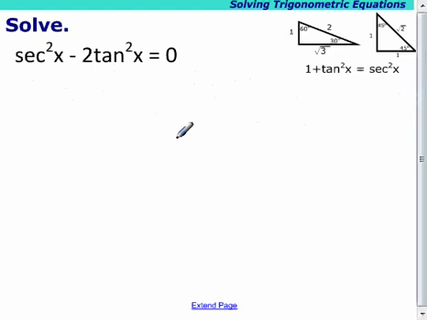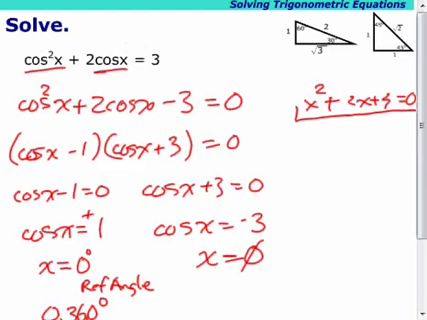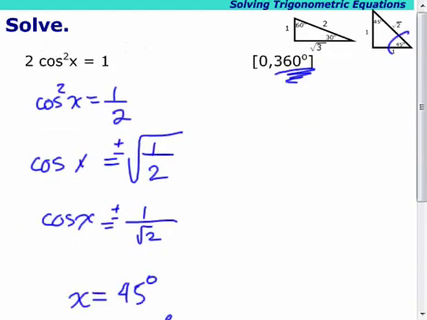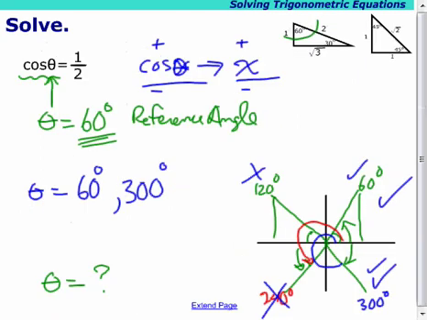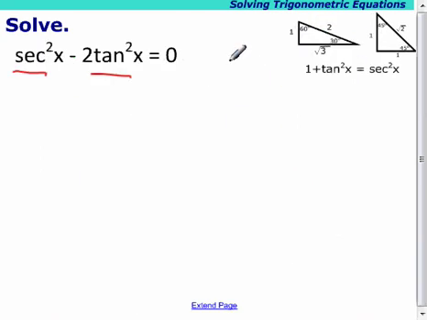Let's look at one final equation, where I have secant squared minus 2 tan squared is equal to 0. One thing that freaks me out a little bit about this question is that here I've got two different ratios. In all of the other questions that I've done so far, they've all, as you can see, only had one kind of ratio in it.